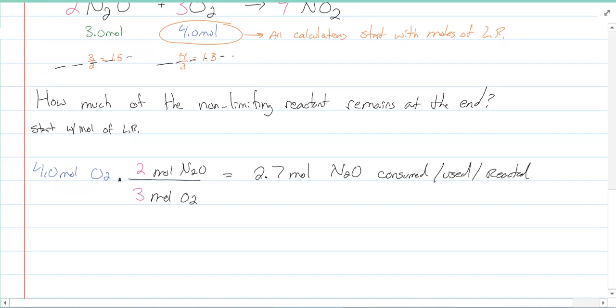Much was gone. So if we start with 3 moles of N2O and use 2.7 moles of N2O, that would show that 0.3 moles of N2O remain as excess.